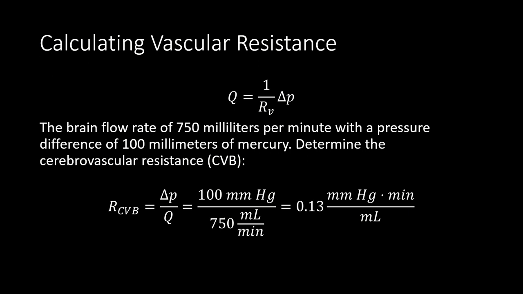Therefore, if we're given two of those quantities, the vascular resistance to flow in the cerebrovascular brain region would be our change in pressure over Q, or 100 millimeters of mercury over 750 milliliters per minute, which gets us 0.13 millimeters of mercury minute per milliliter.